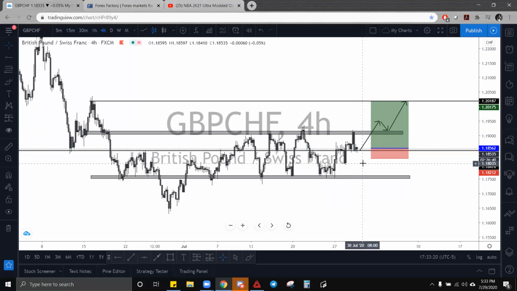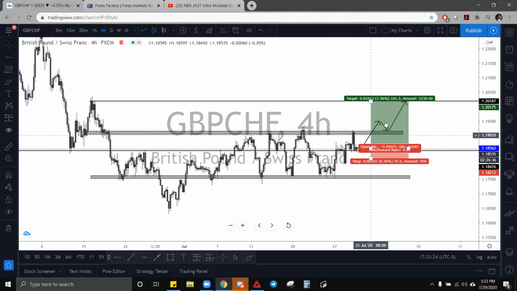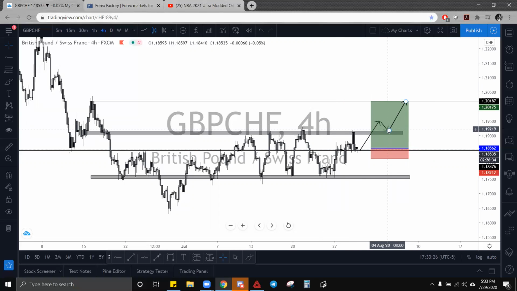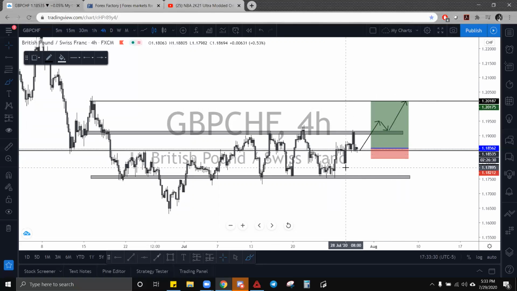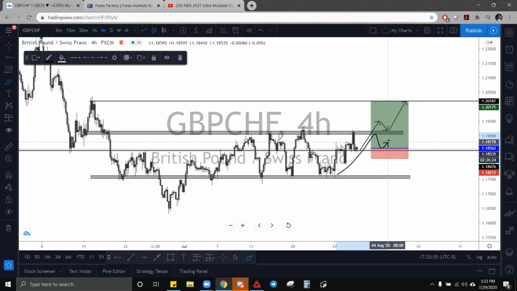What I'm looking at now is for the market to push back up again, break above here, retest, and keep going. So it went up, made a higher low. It might make another lower high, and then make another higher low again, come up, retest, and that's the next resistance.